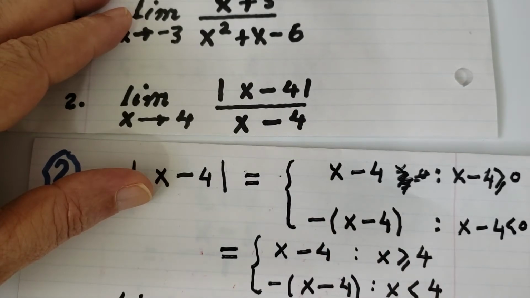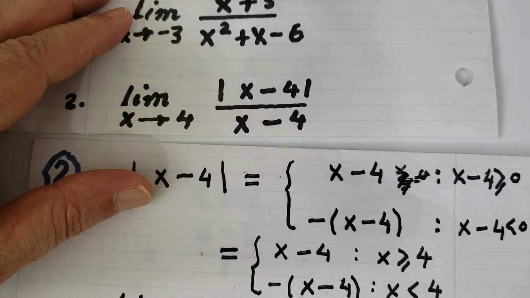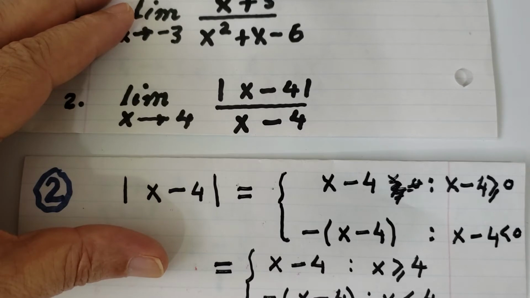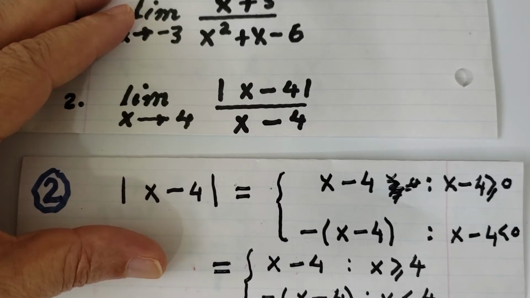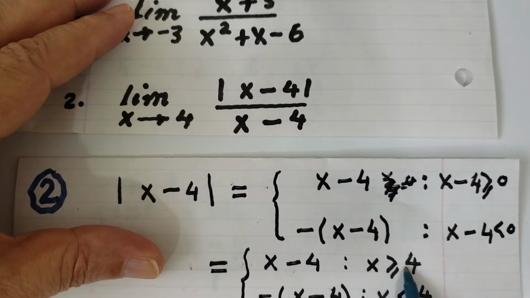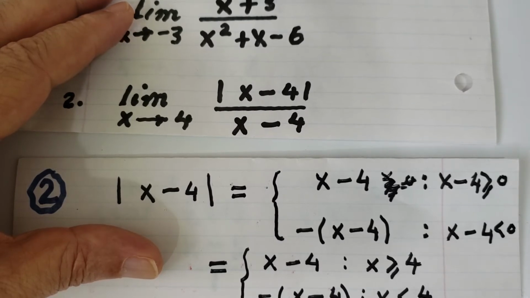This is because x approaches 4 from the right of 4, that means from values bigger than 4. As it is bigger than 4, that's why we take this equation and put it instead of the absolute value here, and the bottom is still the same.